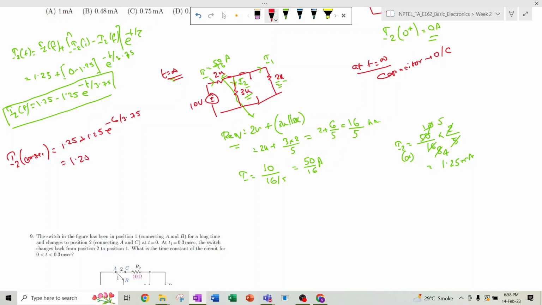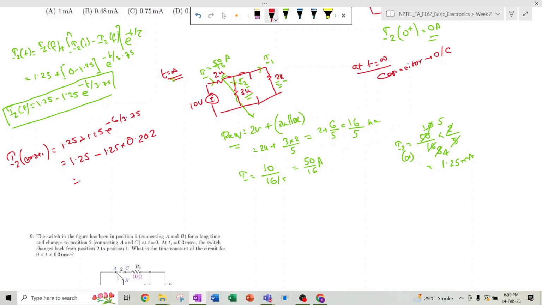Let me calculate, it is minus 6 divided by 3.75, e to the power that, which is 0.20202.